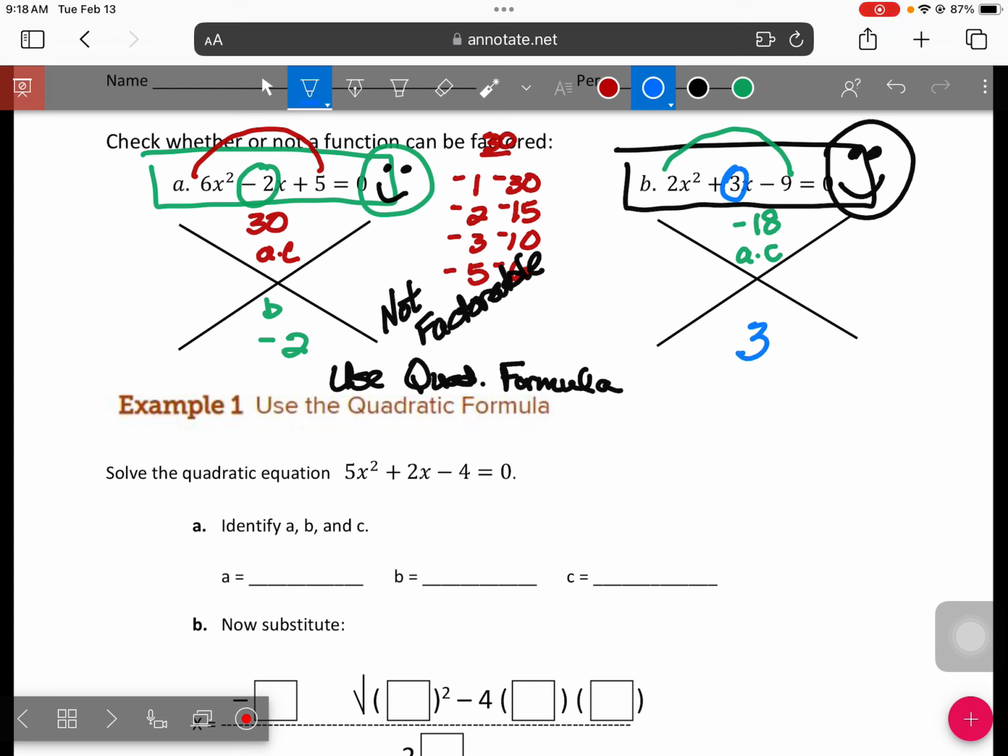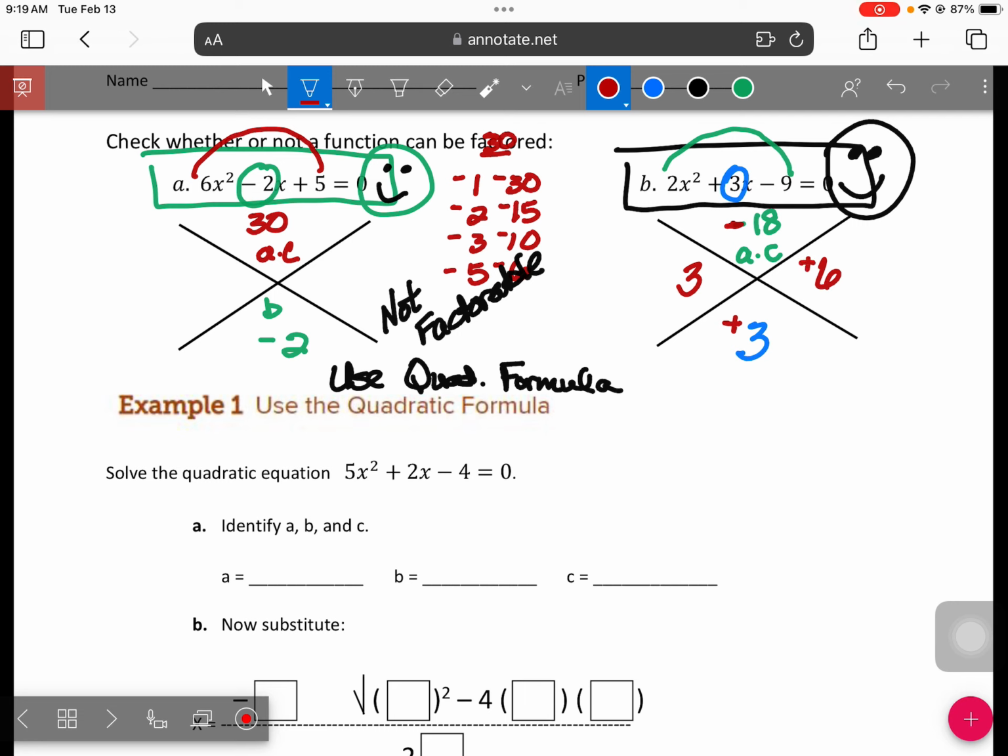is 3. Can we think of factors of negative 18 that add to give you positive 3? 6 and 3. Well, one's got to be negative because my answer up here is negative. Not the 6. Because here I have a positive 3.